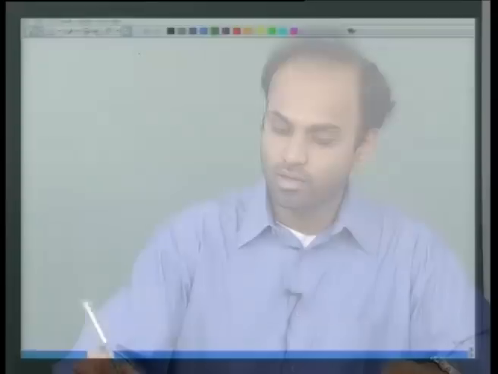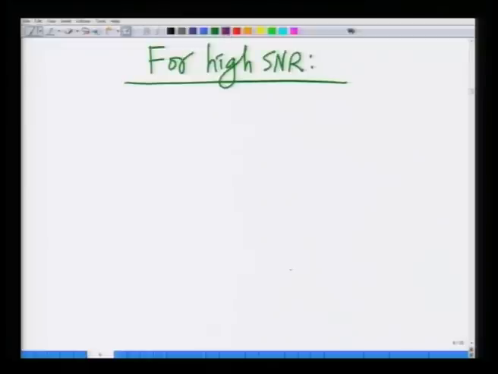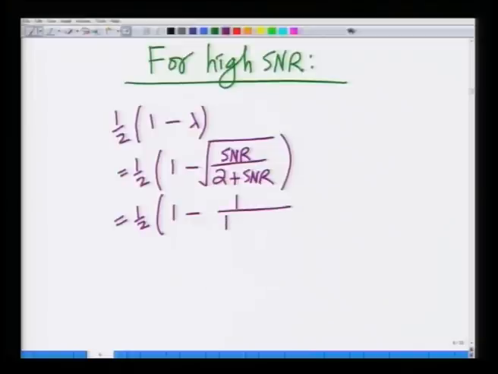Let me write down here for high SNR. Now, for high SNR, let us consider the term half into 1 minus lambda, that is half into 1 minus the square root of SNR divided by 2 plus SNR, which can also be written as half into 1 minus 1 over (1 plus 2 over SNR) to the power of half.